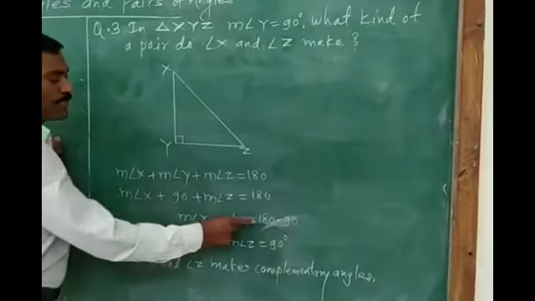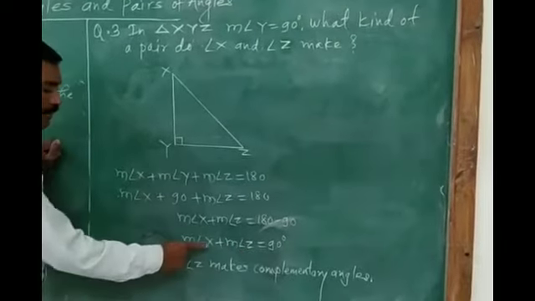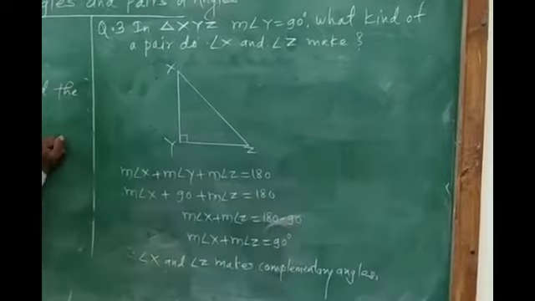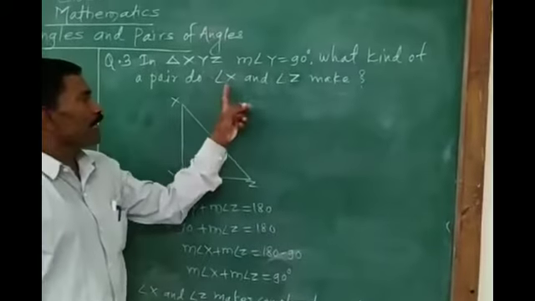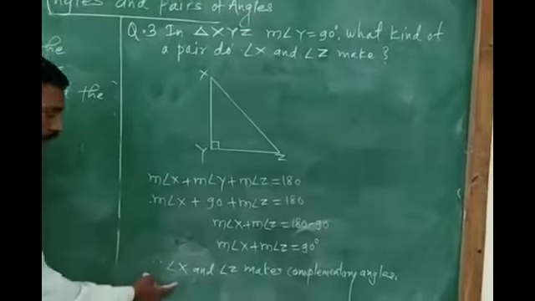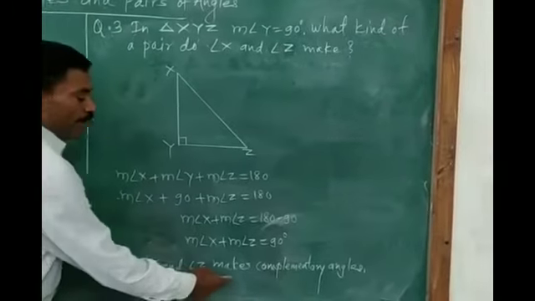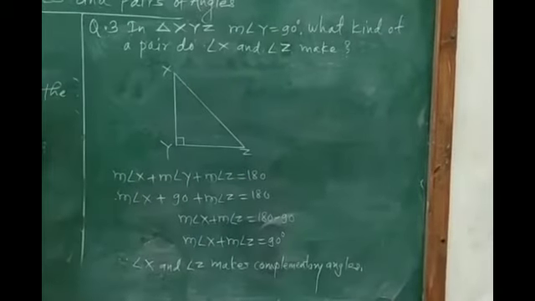Measure of angle X plus Z is equal to 180 minus 90. And the sum of angle X and Z is 90 degrees. And here it is asked which kind of pair X and Z make. Therefore, we can conclude that angle X and angle Z make complementary angles.